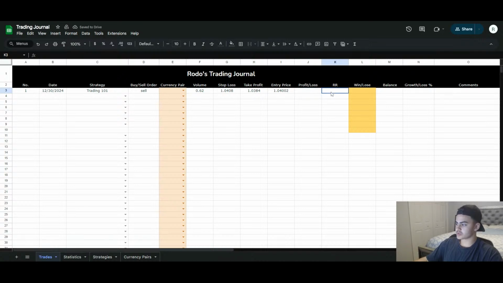Profit/loss, we're starting with risk to reward, 1 and 2. We haven't done this yet. Balance, growth, comment. So now we're just waiting for this.